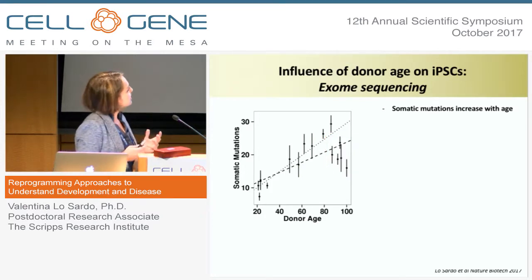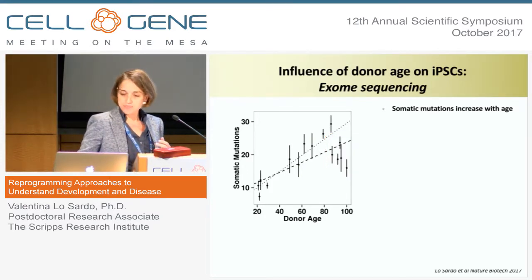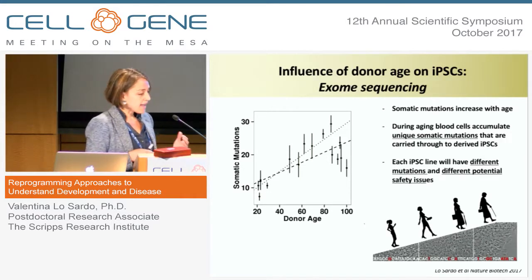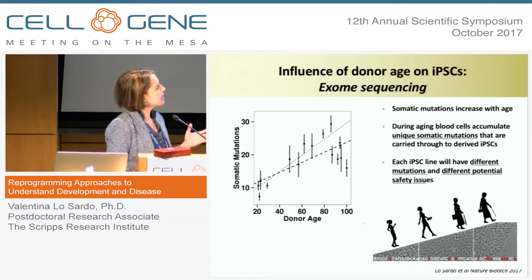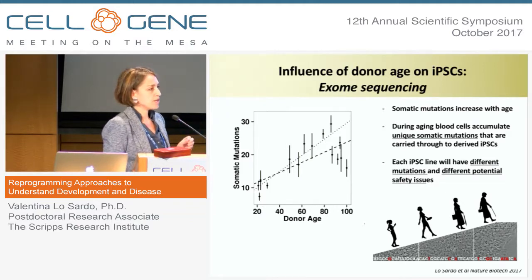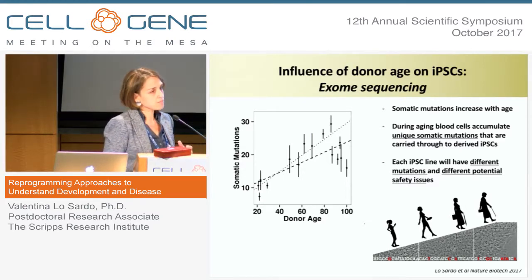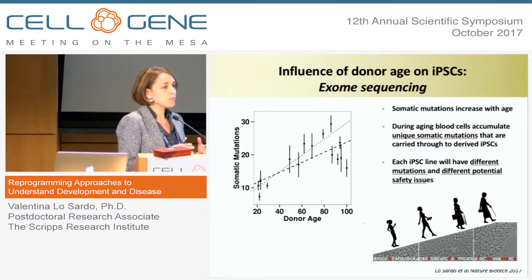But what is interesting is that during aging, the blood can accumulate unique somatic mutations, and these will be transferred to the iPSC. So of course, each iPSC line can have different mutations, so you'll have different potential safety problems in each single line.